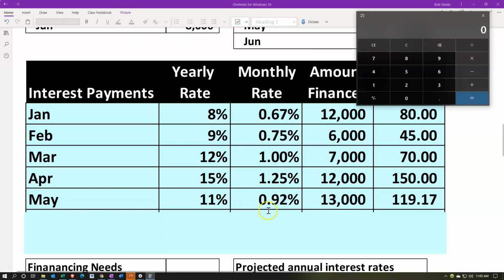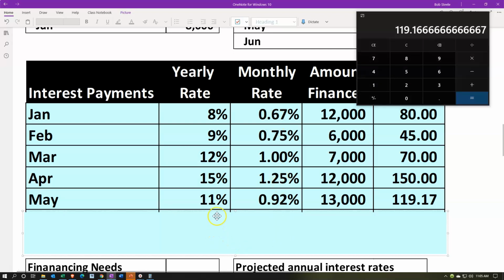If I multiply it times the decimal here, 13,000 times 0.0092, we get something slightly different due to rounding. You can also calculate this by taking the 13,000 times the yearly rate, 0.11. That would be the interest for a year, dividing it then by 12 gives us, once again, that 119.17.